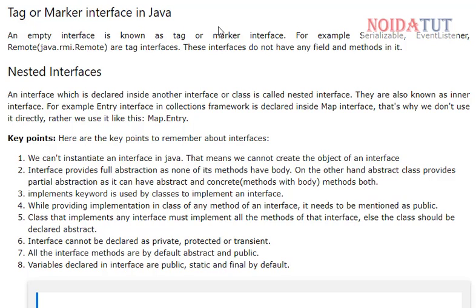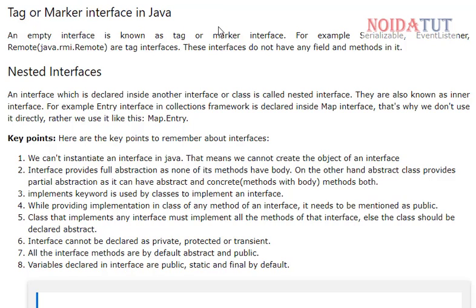Rather, we use it like this, Map.Entry. Here are key points to remember about interfaces. We cannot instantiate an interface. This means that we cannot create an object of an interface. Interface provides full abstraction, as none of its methods have a body. On the other hand, abstract class provides partial abstraction, as it can have abstract and concrete methods with body. The implements keyword is used by classes to implement an interface.